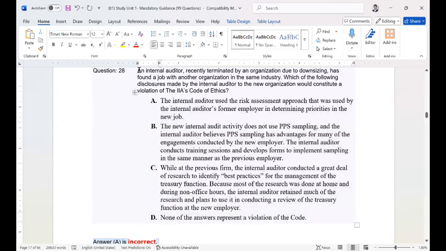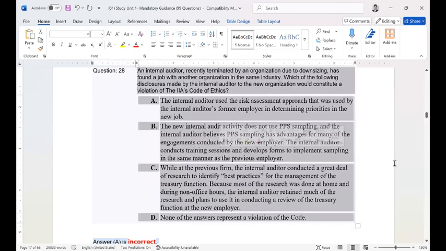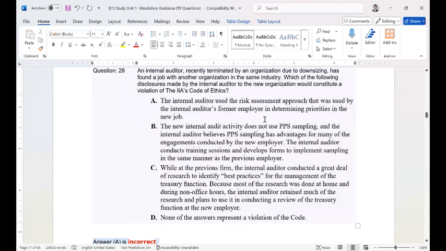So can you read this? We have to get used to questions like this also, which are a little copious. That is a lot of words. So take 2 minutes and read this.